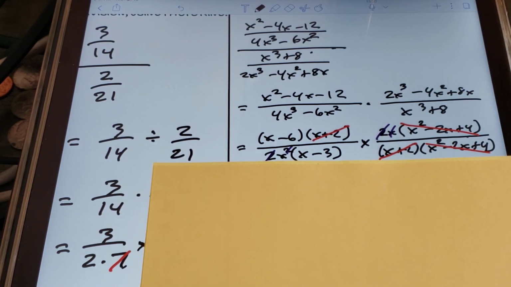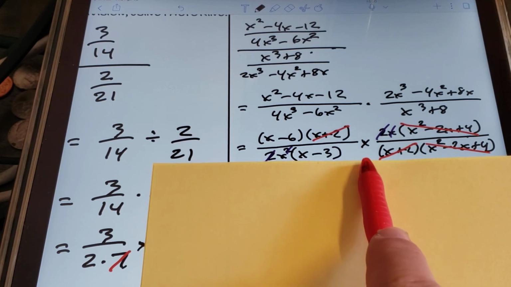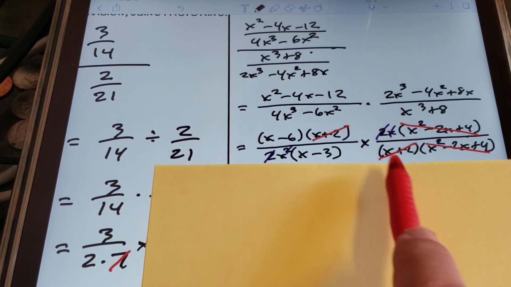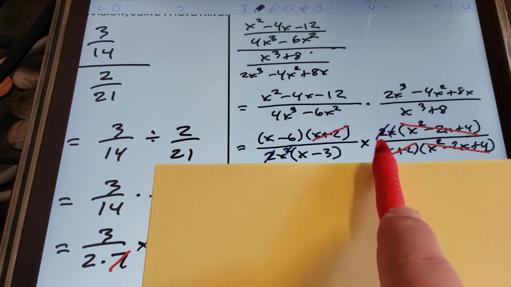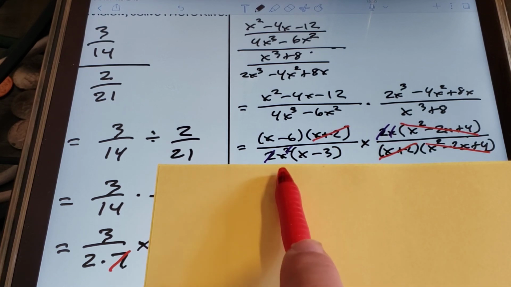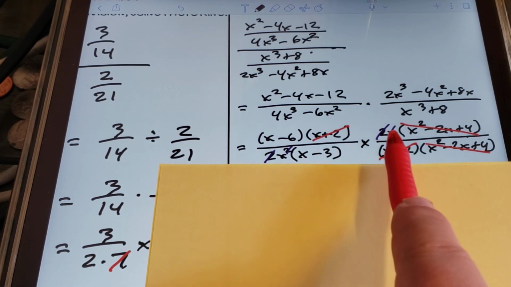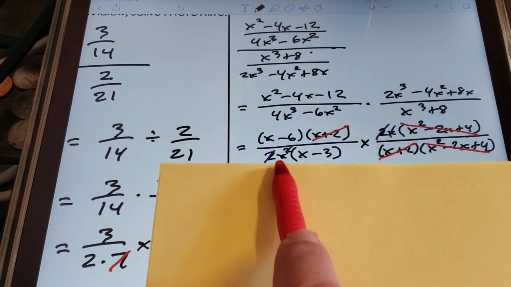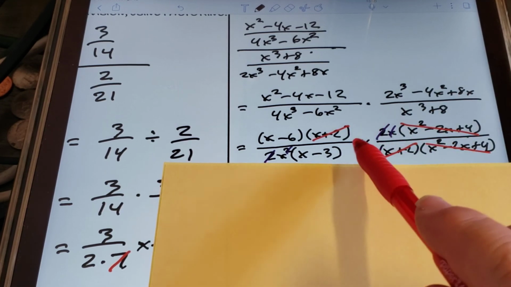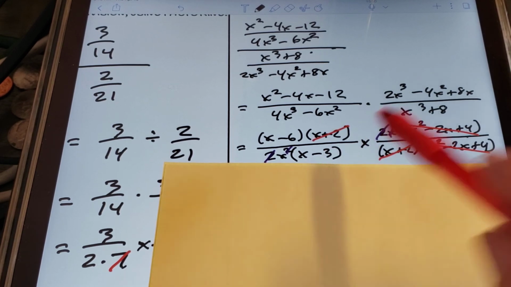Well, you know what's coming because I used that symbol. I'm going to cross cancel. Not all of these are cross cancels, but most of them are. This is x plus 2, and I cancel an x plus 2. There's a 2 here, I cancel the 2. There's even an x and an x squared, so get rid of one of the x's on each. This is not a cross cancel because they're on the same fraction. Cross cancel means across the symbol.